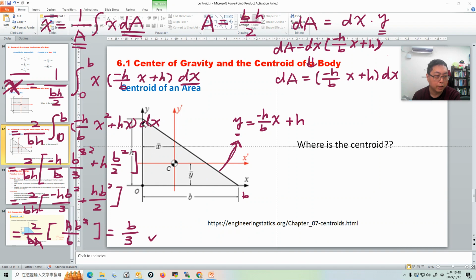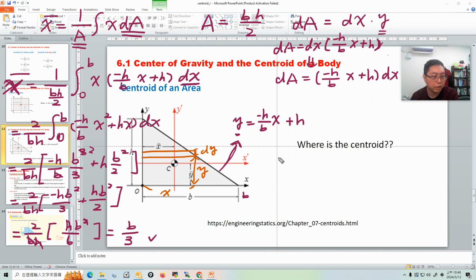Okay. So if we want to calculate the y bar, we need another slice. So how to calculate the slice? You need another slice like this. Suppose this is y, and here is your x, and this is dy.